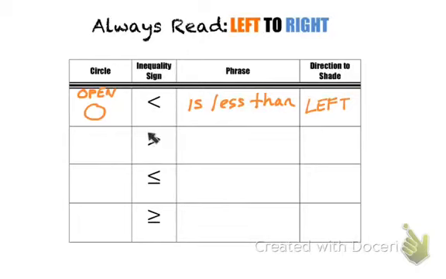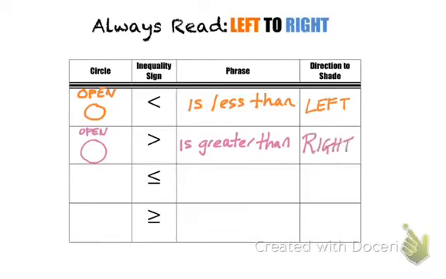Second inequality sign, we are pointing to the right, so you can probably guess what phrase it's going to be, and because we don't have a line underneath, we have an open circle, and it is greater than. So because it's pointing to the right, we're going to shade to the right for that inequality.